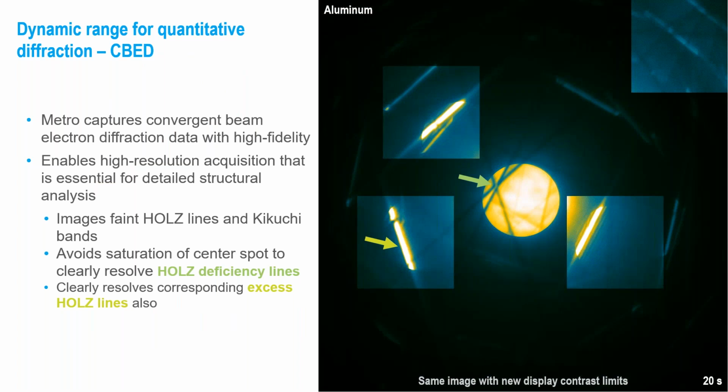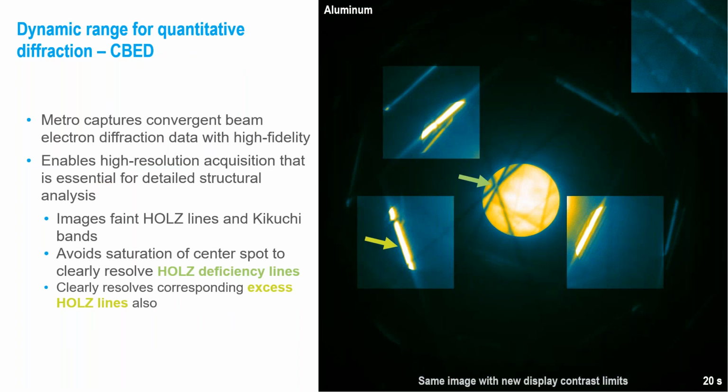And so with this large dynamic range in these diffraction patterns and the high pixel resolution, this 2K by 2K pixel resolution that we have here, we can see a lot of detail in convergent beam electron diffraction patterns, and perhaps do some really nice structural analysis, probably with the sample tilted a bit better than I've done here.